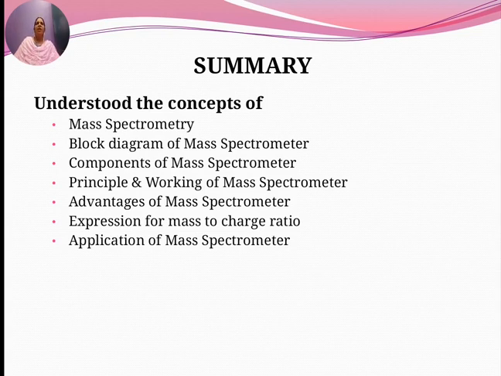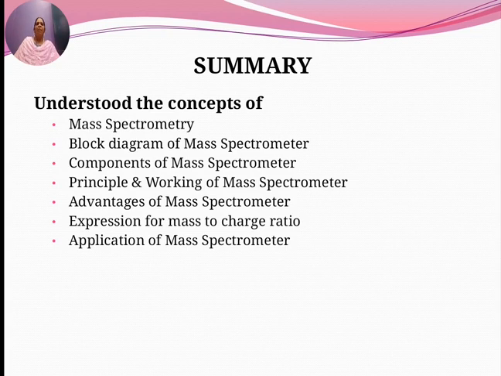The disadvantages are that they cannot directly give structural information, pure compounds are needed, and there is difficulty with non-volatile compounds. The mass to charge ratio is given by the relation m/e = H²r²/2V, where H is the magnetic field intensity, r is the radius of curvature, and V is the accelerating voltage.